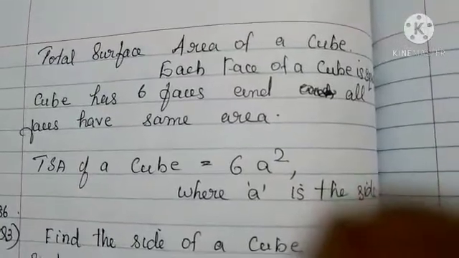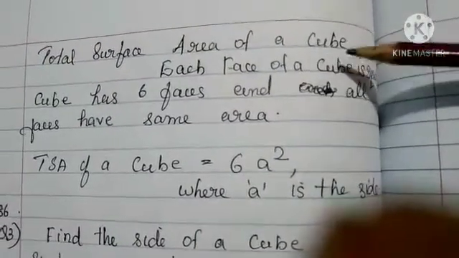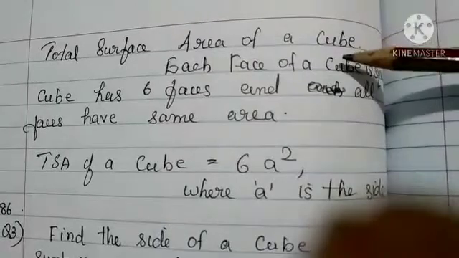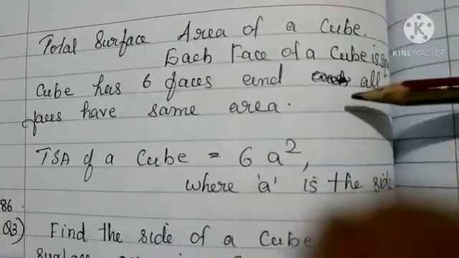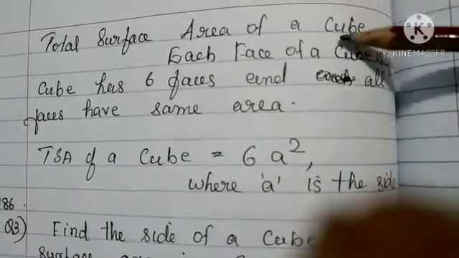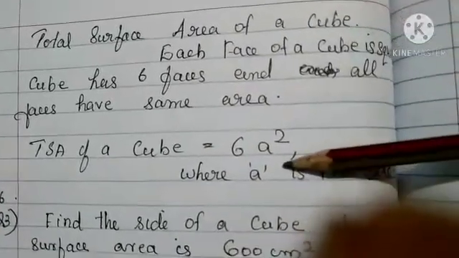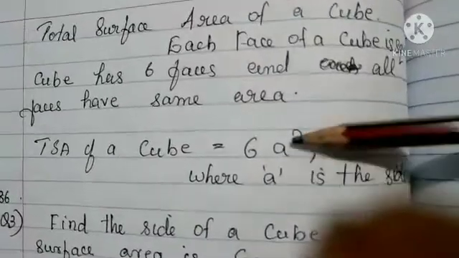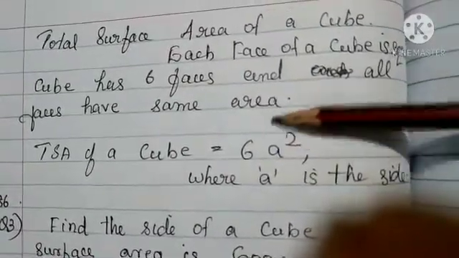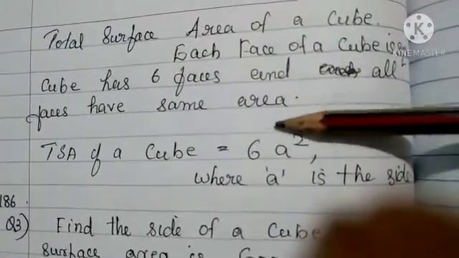Next one is the total surface area of a cube. What is the peculiarity of a cube? A cube has 6 faces and all the sides are equal. So TSA of a cube is 6a square. Why? a square is the area of one face, side into side.